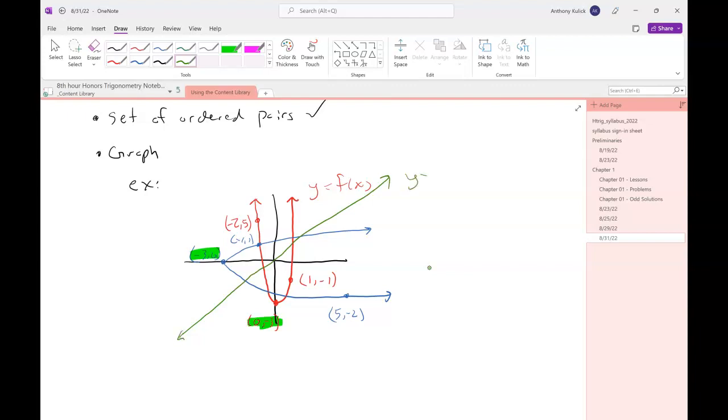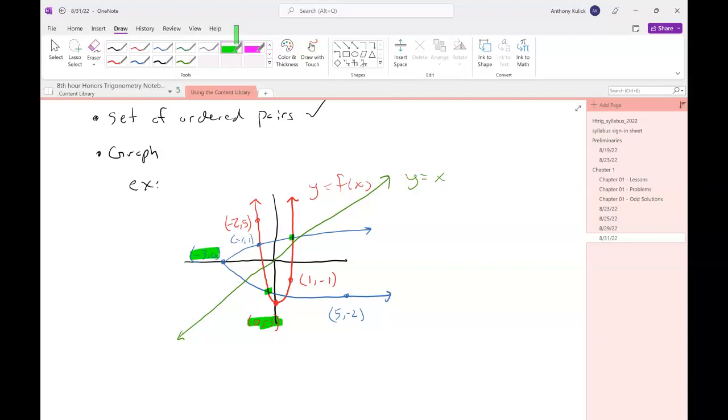If I look at this line y equals x, it looks like these two graphs are reflections of each other across that line. Not a coincidence. Now, I didn't do a very good job because realistically, this point and this point should have been on that green line.